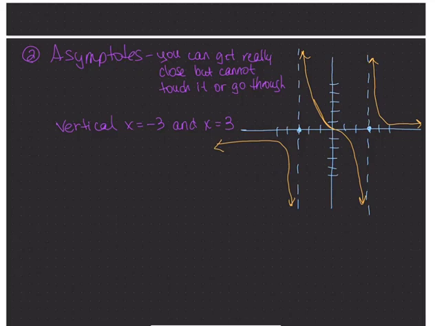So when I talk about our third thing that we want to talk about, which is our arrow notation, it's going to explain what the graph is doing as it gets to these very important spots. So what happens to our graph when it's going to negative infinity, when it's going towards positive infinity, and what's it doing on either side of those asymptotes?